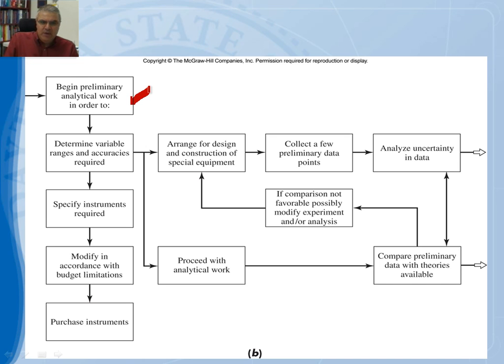What kind of range and accuracies are required? And then from there, we can determine what kind of instruments are required. Remember, so far I have not talked about the required instruments for a particular experiment. We were talking about the setup. Now we can specify what kind of instrument we need to buy.